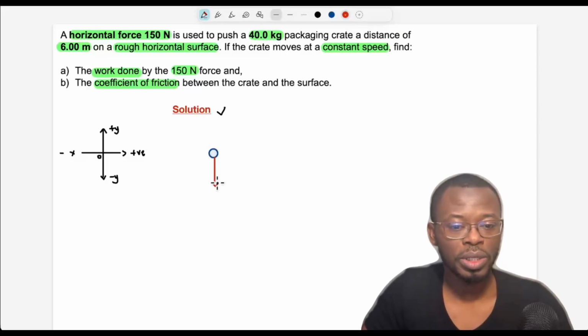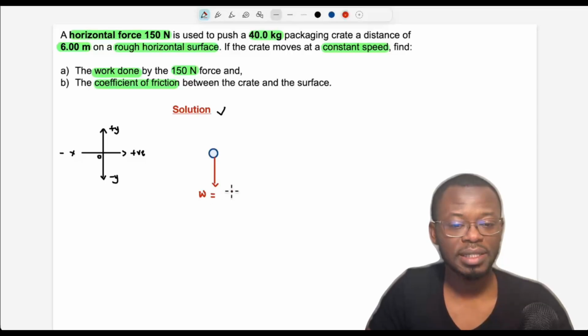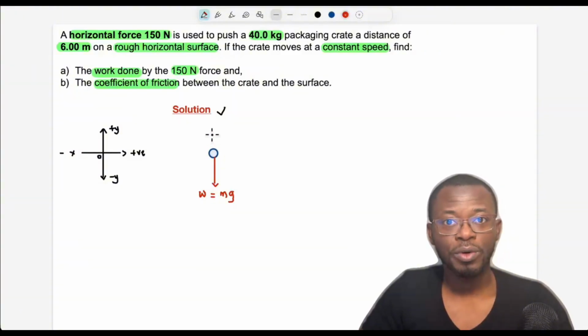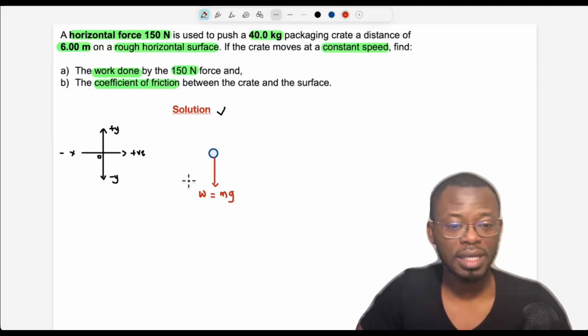So we use an arrow to indicate the weight. The weight is given as the mass of the packaging crate times the acceleration of gravity, so mg. And then upwards we have a perpendicular force to those two surfaces, that is the bottom surface of the crate and also the floor. That force points upwards, which we call the normal force.